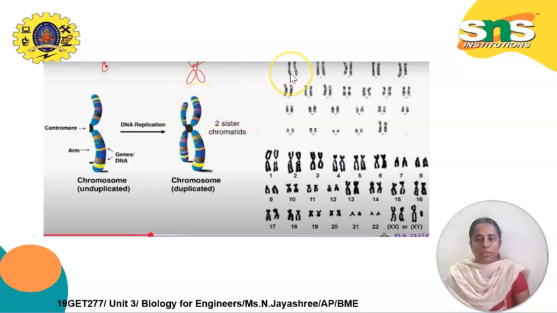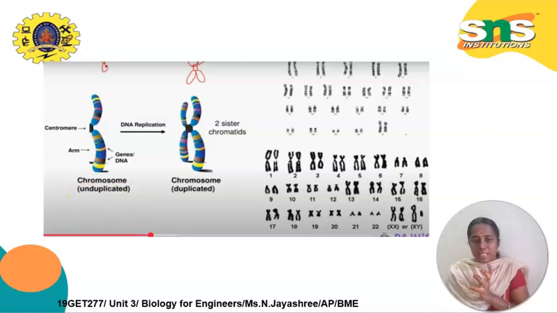We all know that human cells contain 46 chromosomes. Out of these 46, 23 are pairs of chromosomes. This forms the basic structure of the chromosome.